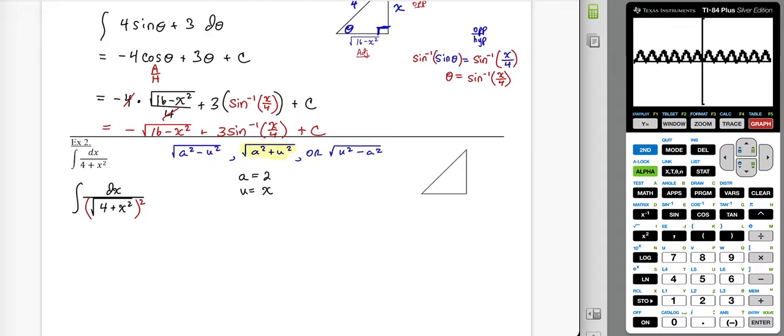right? So I want to place them on the triangle in such a way that the missing side would be the square root of 4 plus x squared. So if I put the x here and the 2 there, using the Pythagorean theorem, I'd get 4 plus x squared under a radical, and that's what we would be going with, all right?